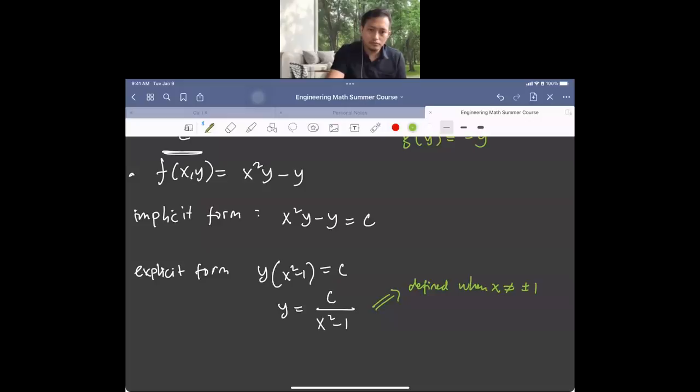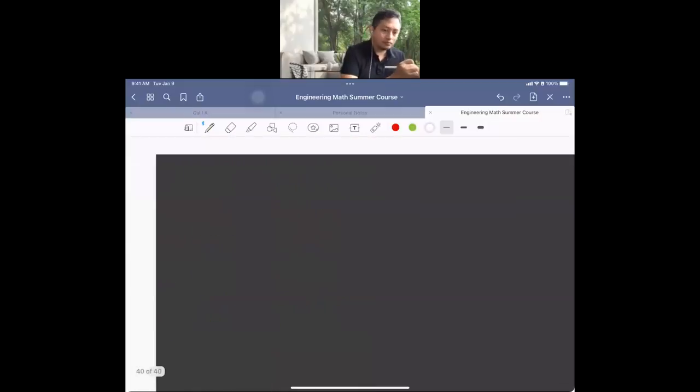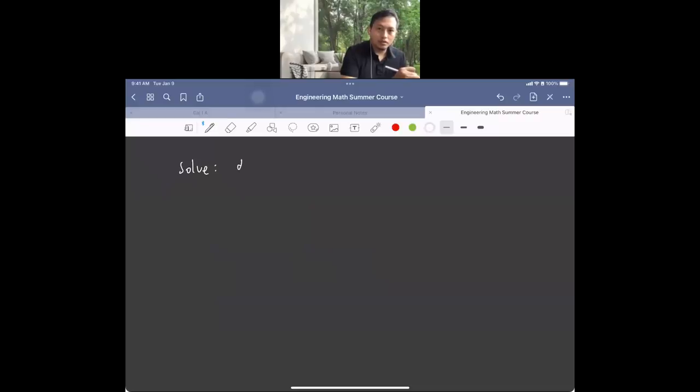Okay, let me give you another example. Solve dy/dx equals negative 2x minus y over x minus 1.